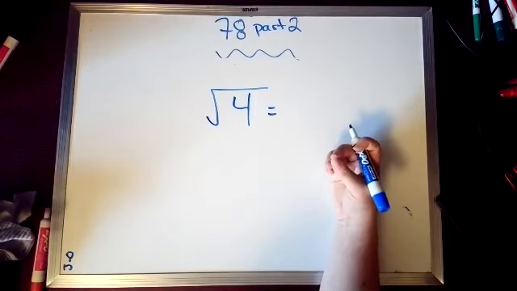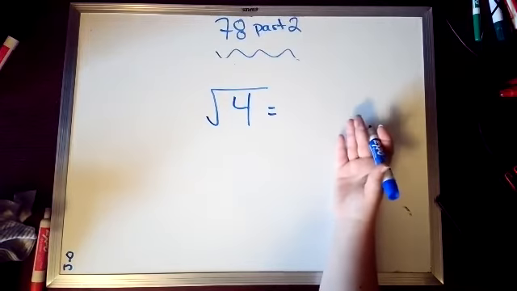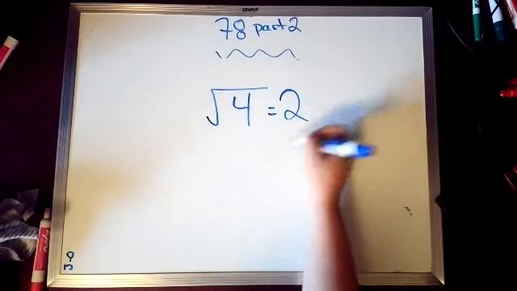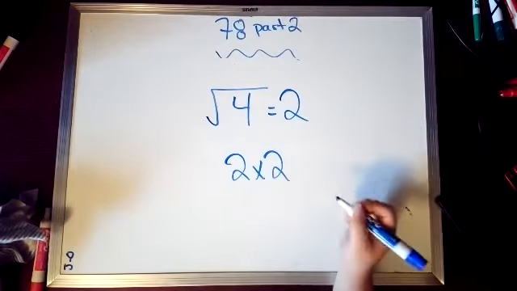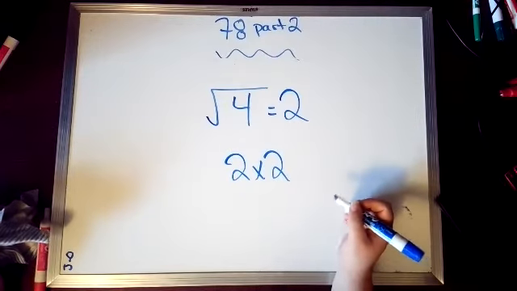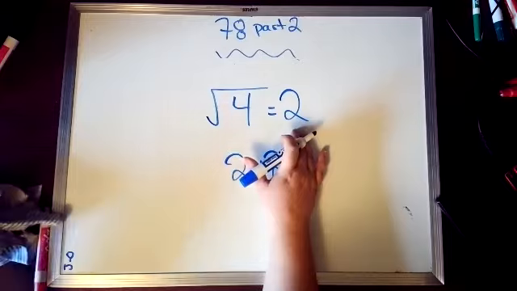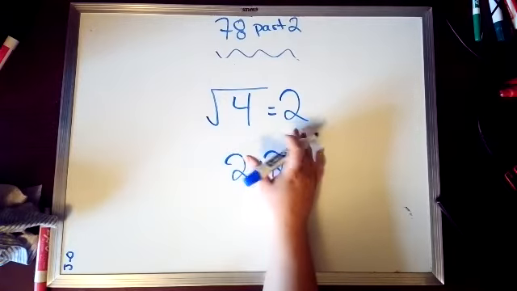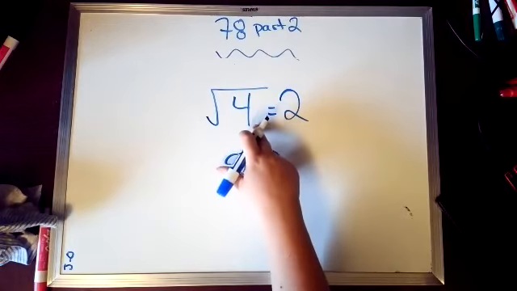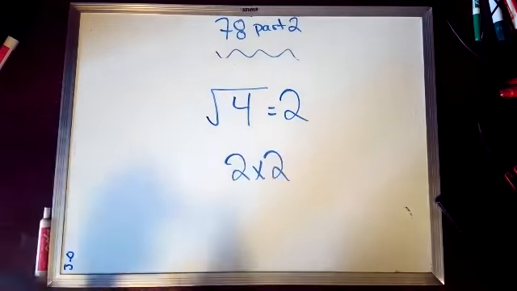What number times itself makes 4 is 2, because 2 times 2 equals 4. So when you're looking for the square root, you're looking at what number multiplies by itself to get that number that you're looking for.